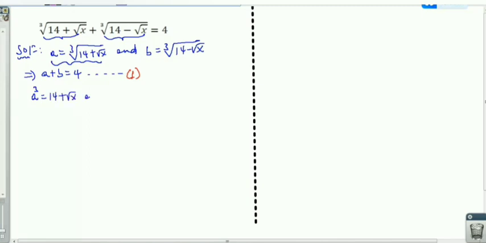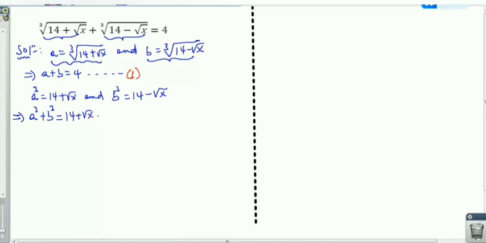Again take b and cube both sides, so b cube becomes 14 minus root x.